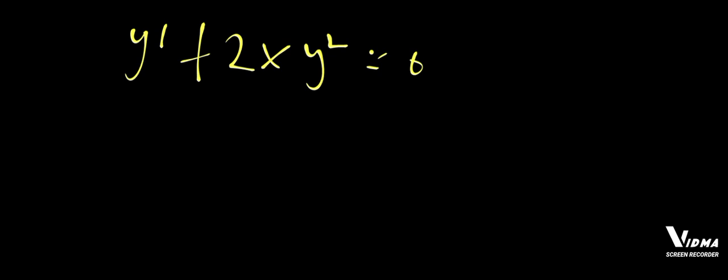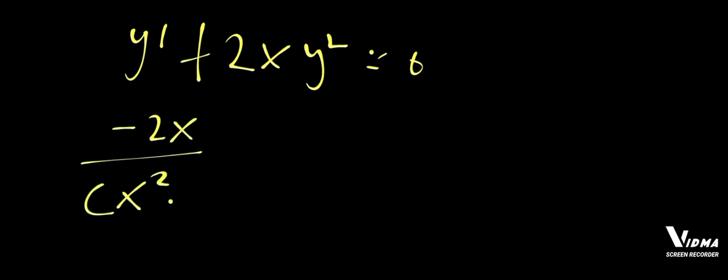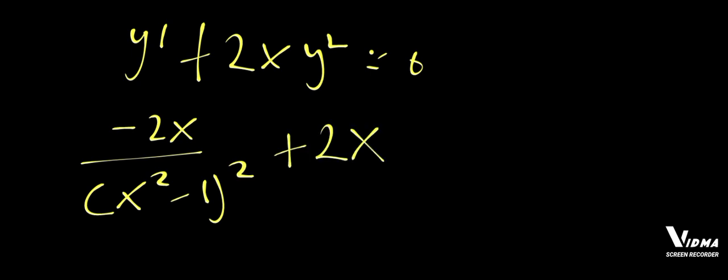And we know y prime to be negative 2x over x squared minus 1 squared. And we have 2x. I'm going to substitute the value of y into the equation.